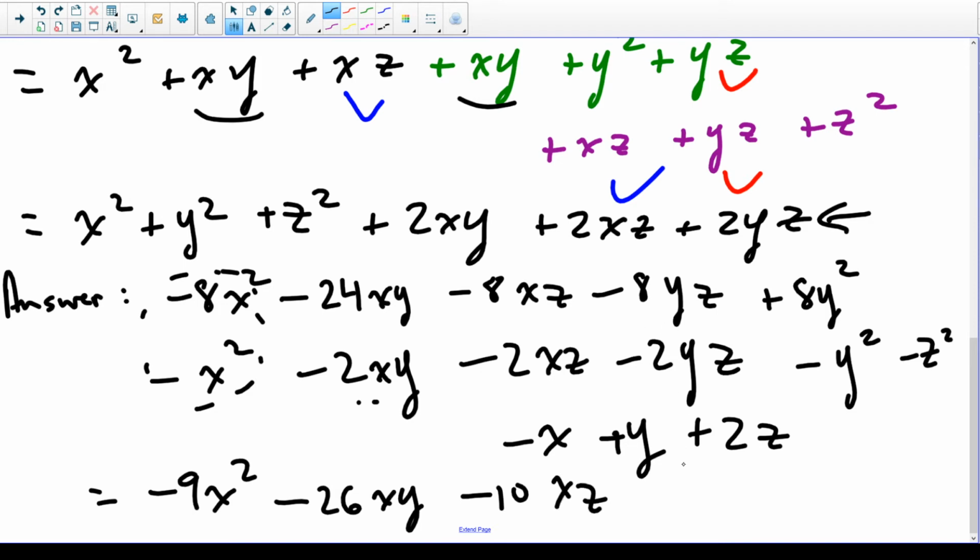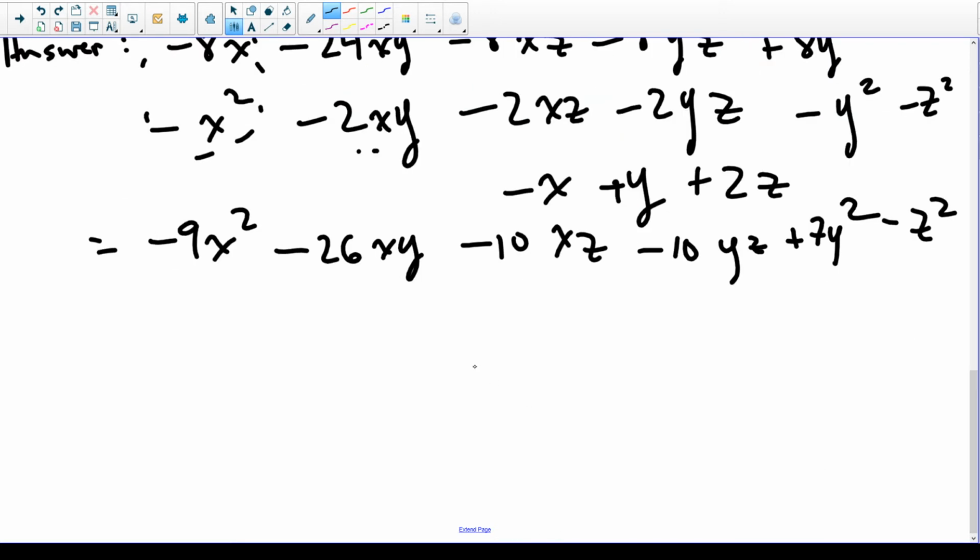And then these two group up, which will also be minus 10yz. And then these two group up, which will be plus 7y squared, minus z squared, and then minus x plus y plus 2z. And I don't know if I made any mistakes there. Whoops, I wrote zz there, sorry. I am not going to double check.